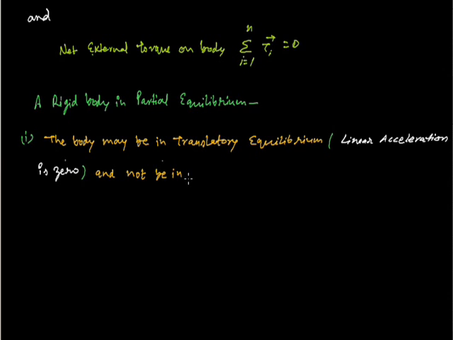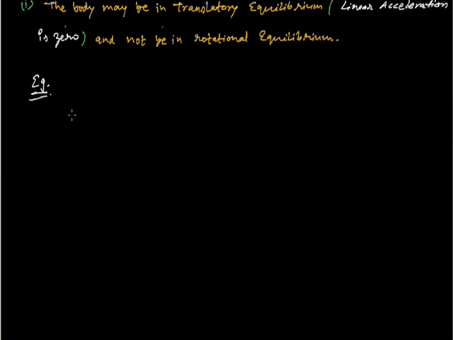in rotational equilibrium. For example, consider a situation where a light rod AB, shown in the figure in red color, is initially balanced on a peg shown in yellow color. The peg is supporting that rod at its center of mass.